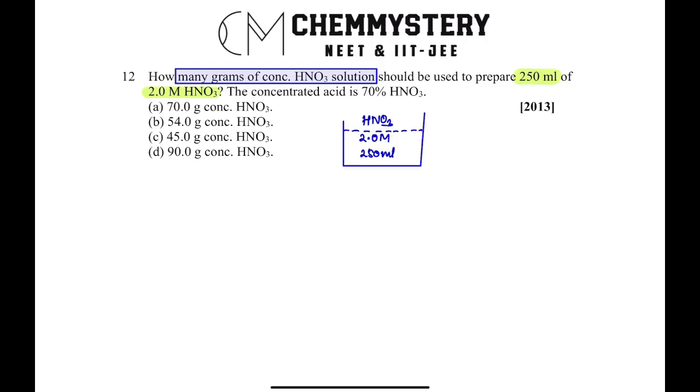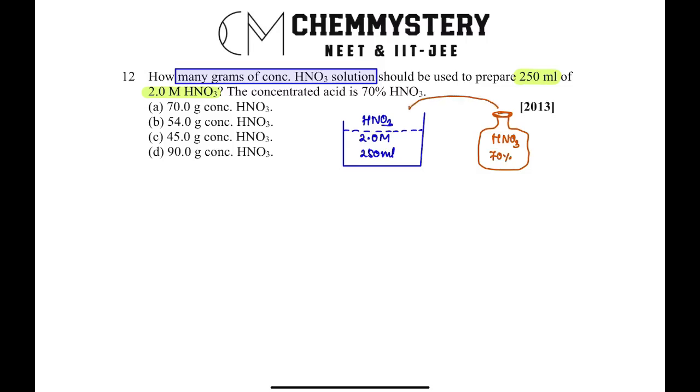How are you preparing it? You have a stock solution. Suppose you have a bottle. That stock solution of HNO3 is actually 70% HNO3. From here you are taking some amount.